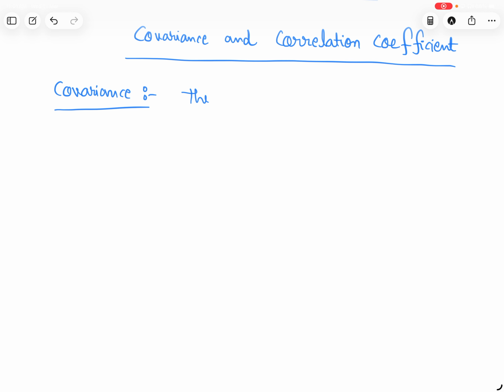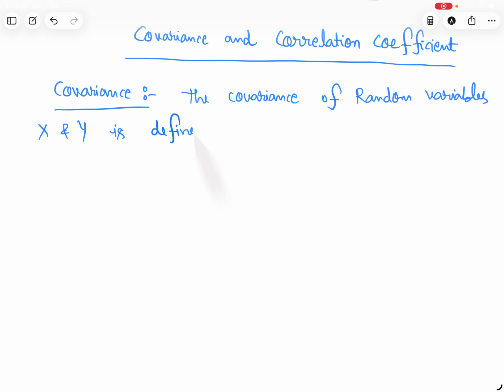The covariance of random variables x and y is defined as COV.